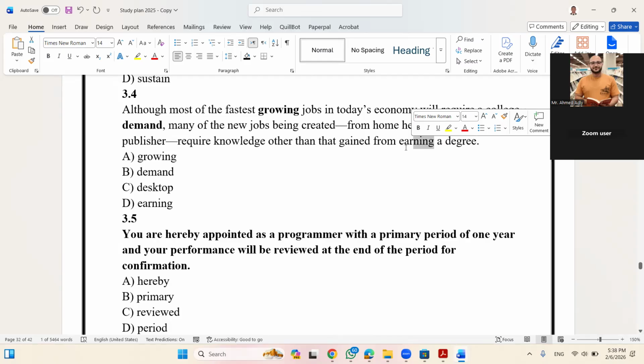Demand, replace it. Will require a college what is it called? A college degree. Yes, a college degree.